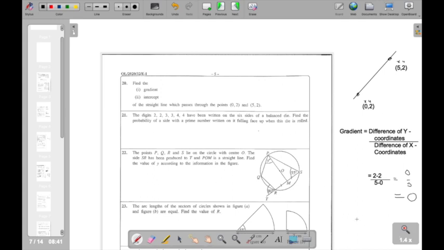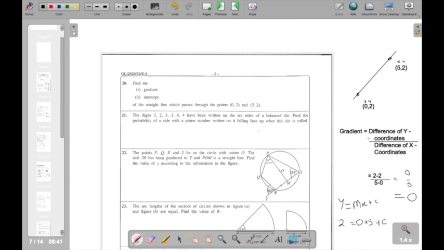We know that if a line has an intercept, that line respects the equation y equals mx plus c. But we know that m is 0. Let's take a random coordinate like 5 and 2. Y is 2. Gradient is 0. X is 5. And we have the constant c.